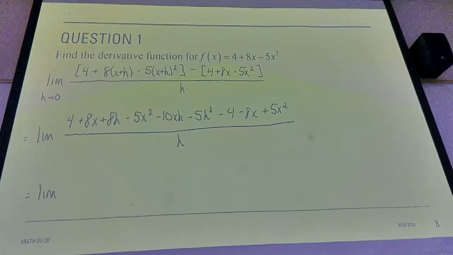The 4s drop out, 8x drops out, 5x squared drops out. Every term we're left with has an h in common, so I'm going to factor out an h as well. And we're left with 8 minus 10x minus 5h, sorry, not 5h squared, 5h, all over h.